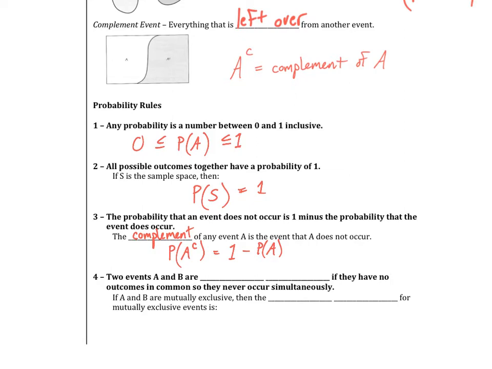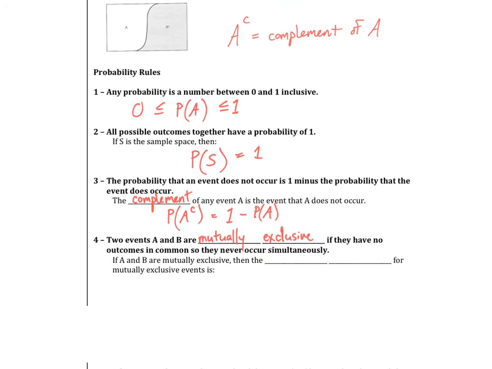Okay, and rule 4, two events A and B are mutually exclusive if they have no outcomes in common, so they never occur simultaneously. So if A and B are mutually exclusive, then the addition rule for mutually exclusive events is as follows.